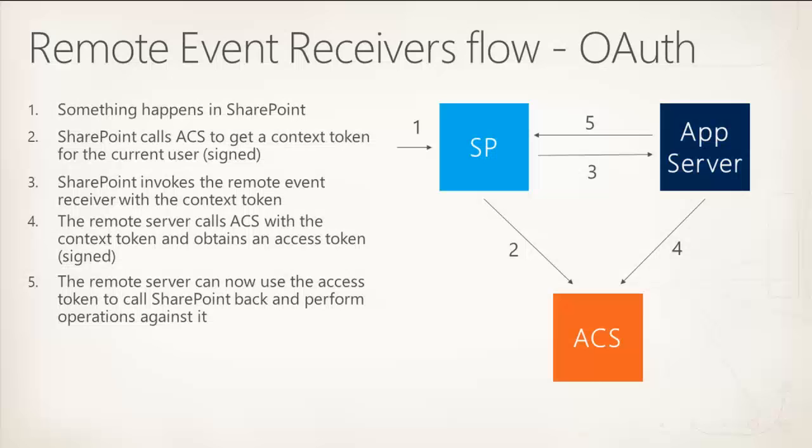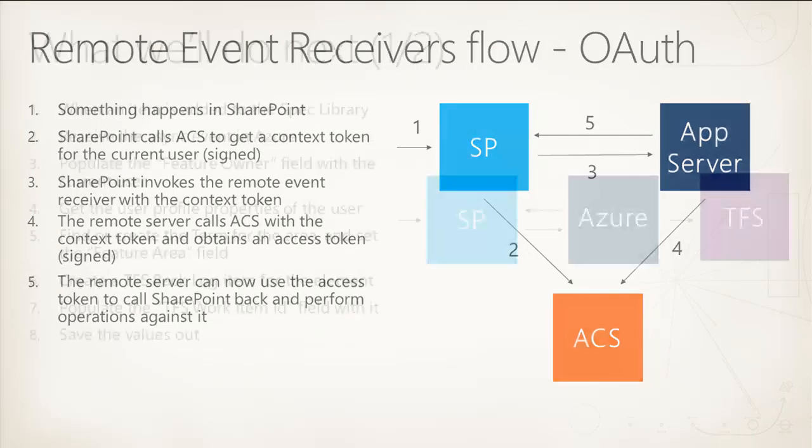And notice that I'm being very specific about this happening for a user and an app. So when the app is talking back to SharePoint, SharePoint knows exactly which app and which user the app is working on behalf of. And this is going to be important later on.